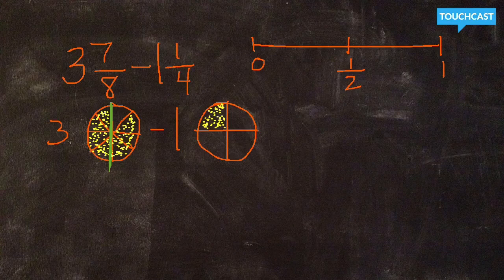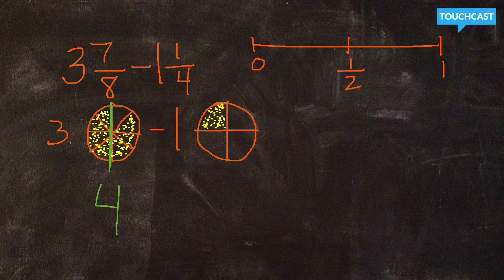So I am going to call this 1 whole, round it off to 1 whole, and I'm going to add that on to my 3 and make 4. So 3 7/8 will round to 4.